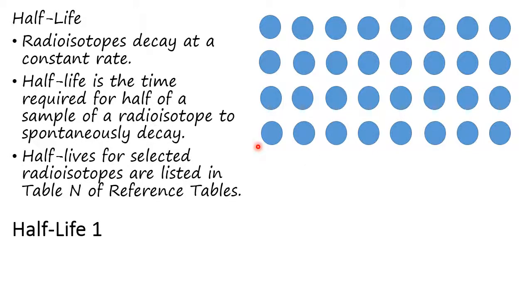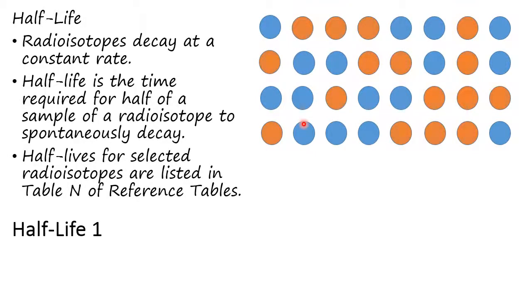We have a radioisotope and we have 32 atoms of that radioisotope. So after the first half-life, half of these atoms will have transmutated or decayed into a different element, usually a more stable nuclei.